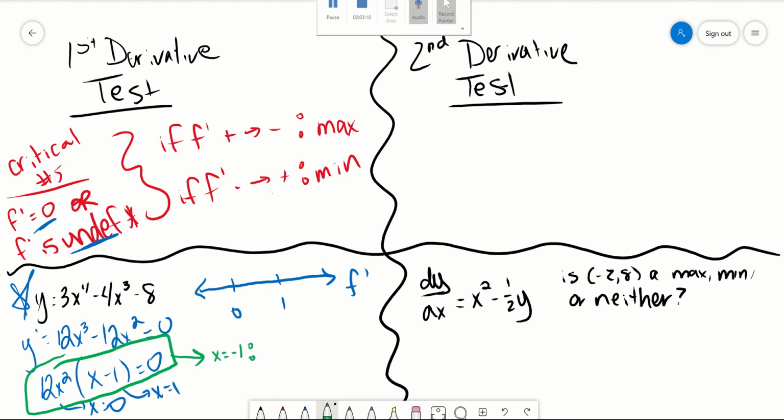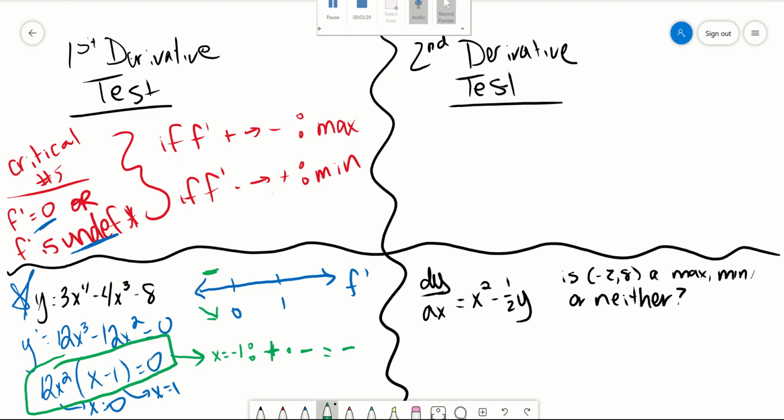So if you plugged in like negative 1, 12x squared, x squared means it's always going to come out positive. If you plug in negative 1, negative 1 minus 1 is negative 2, so positive and negative means it is negative. So it would be negative everywhere in this interval, so it is decreasing.